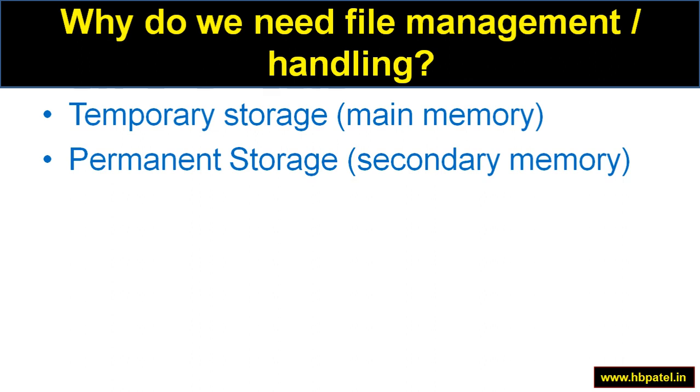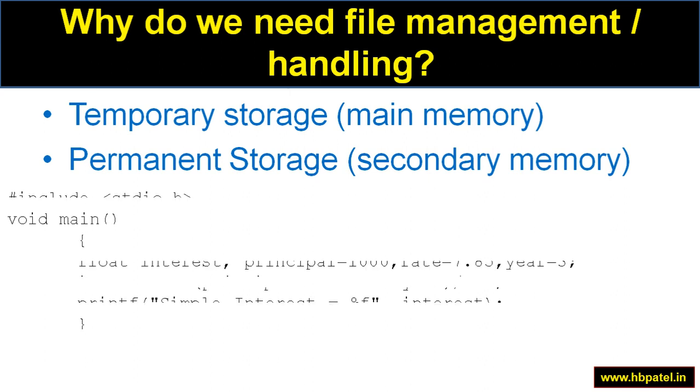If you are storing something temporarily, then we'll face some issues: if we need that data at a later time, we cannot use it. But if we have data permanently, we can always use it later, because if you store something on your hard drive today, after 1 year or even after 10 years, you will be able to get the file back.